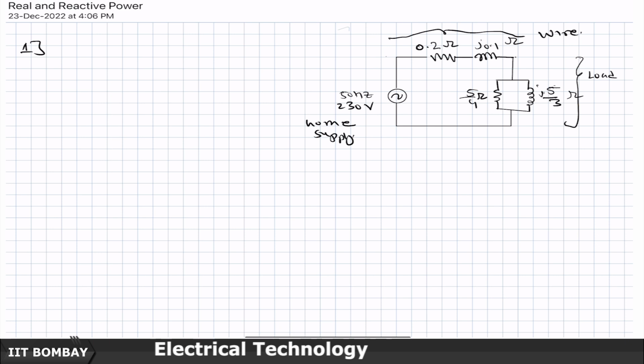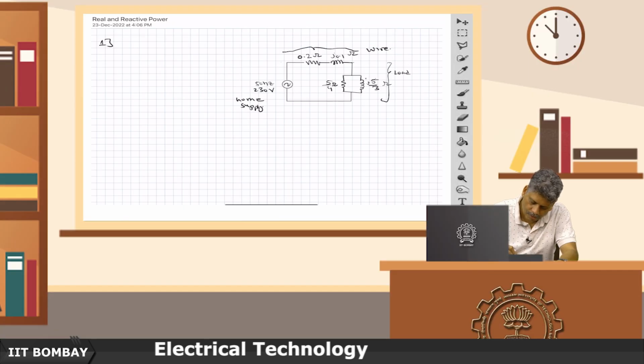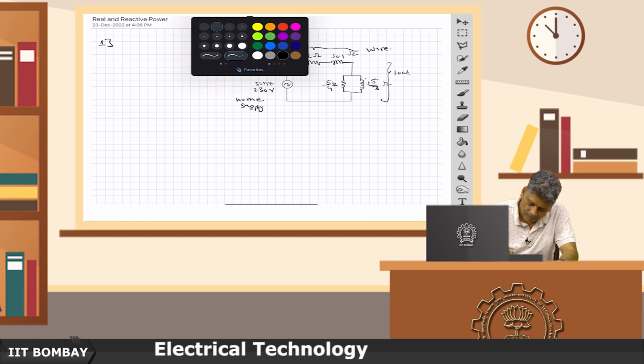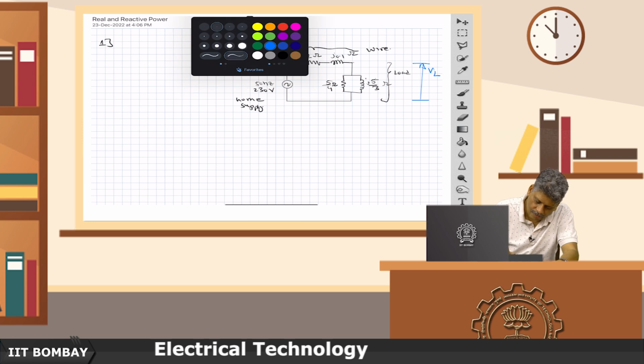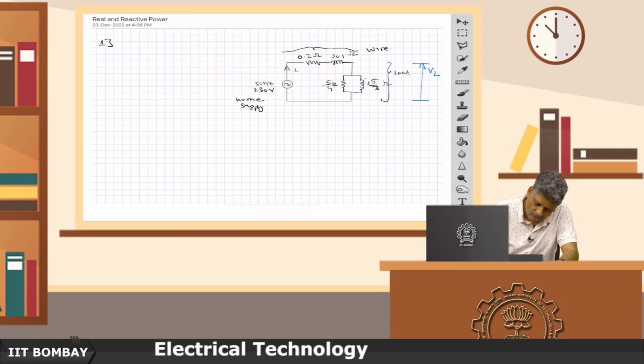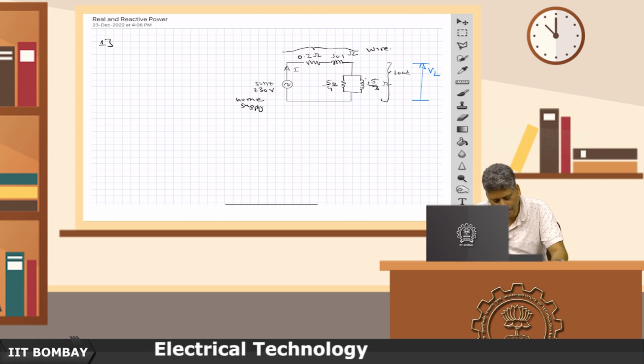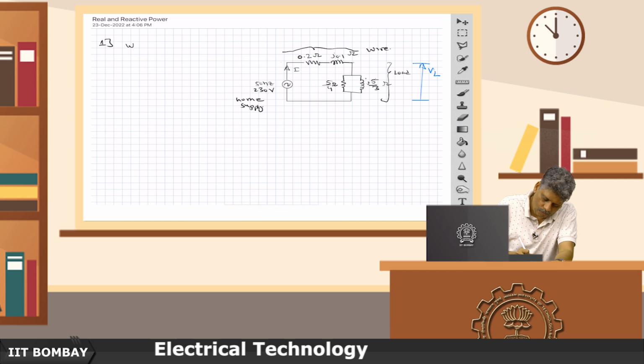So, move it to a bit of a center stage, and the question is, what is the V L, that is question number 1, and question number 2, in any order you can take, what is the current supplied by the source.